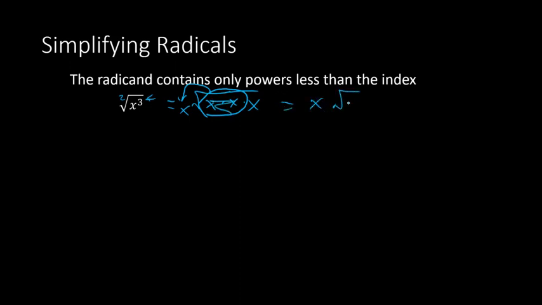So x on the outside, one x is left on the inside, and we see that typed up right here. But notice that we have an absolute value symbol around the x that we brought out. The reason is because this exponent is an odd number, so we have to account for that, and the absolute value symbol goes around that.